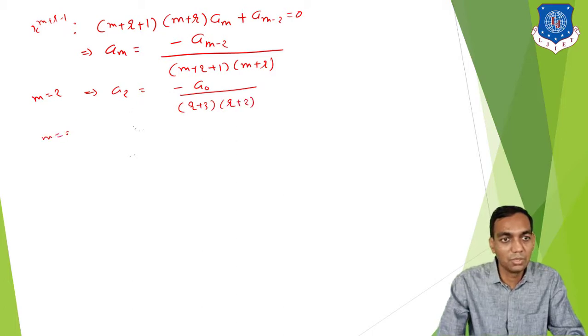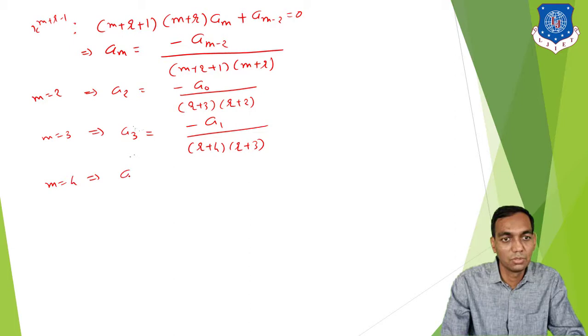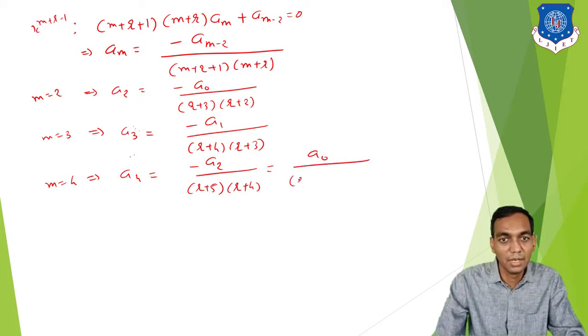In the same manner, m = 3, then a3 is -a1 upon (r+4)(r+3). Same manner, m = 4, so a4 is -a2 upon (r+5)(r+4). But a2 is nothing but -a0 upon (r+3)(r+2), so a4 is a0 upon (r+5)(r+4)(r+3)(r+2).